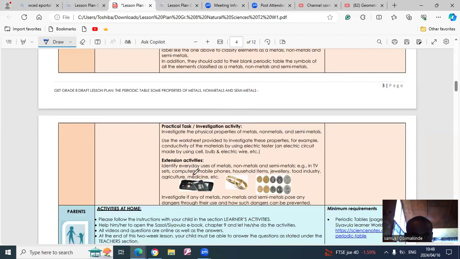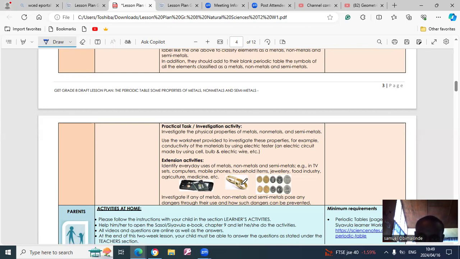Okay, extended activities. Identify everyday uses of metals, non-metals, and semi-metals, e.g. in TV sets, computers, mobile phones, household items, jewelry, food industry, agriculture, and medicine. For example, here you find rings.